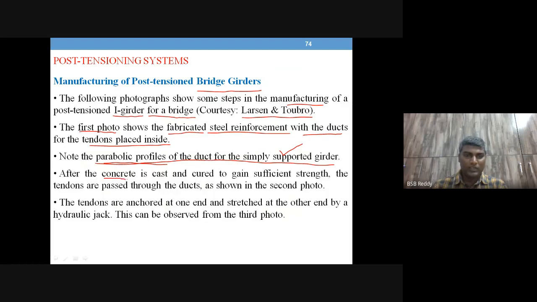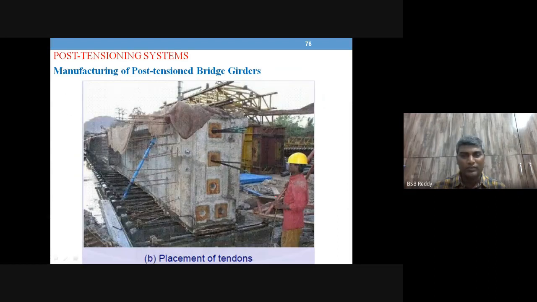After the concrete is cast and cured to gain sufficient strength, the tendons are passed through the ducts as shown in the second photograph. Just see the placement of tendons with the untensioned steel and ducts provided, and now end bearing plates inserted.